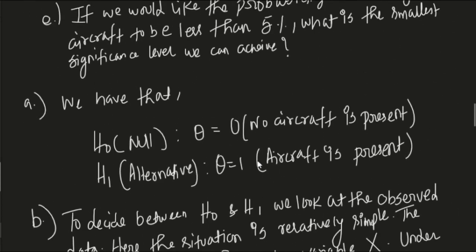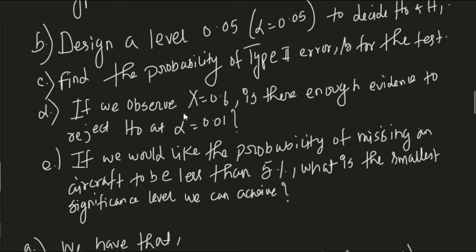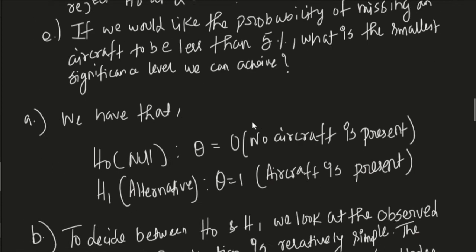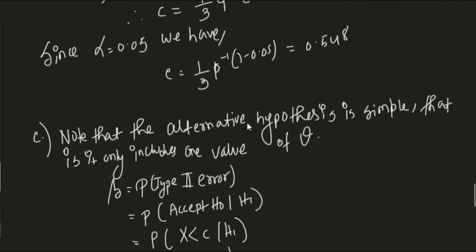So for part D, we see if we observe x equals 0.6, is there enough evidence to reject h naught at the level 0.01? Okay, let's do that.